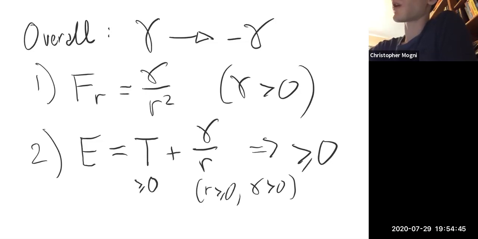That shows the first part of the problem: there cannot exist any negative energy states, because the potential itself is not negative and the kinetic energy itself is not negative. Those two energies add to give the total energy of the system.